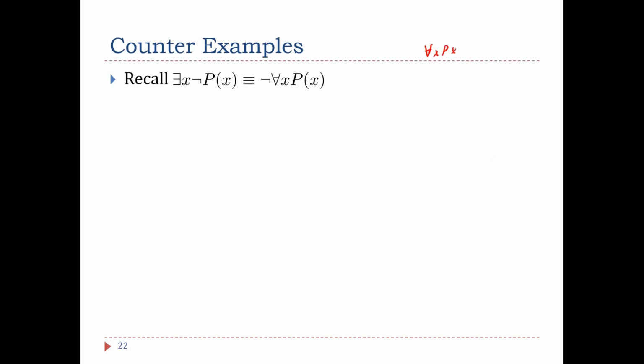When you want to disprove this, to show that this is false, it is equivalent to showing that there exists an element, at least one element, such that not P of x is true. So this is another use of the existential predicate formula. You show that at least one element does not respect the property. It means that the property cannot be true for all the elements.